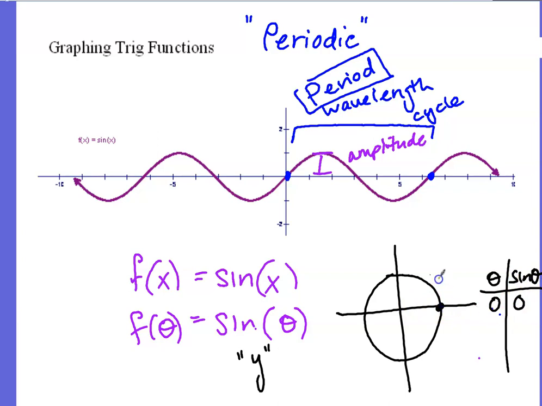If I go to pi over 2, then my y value here is 1. So check it out, 0, 0. If I go, this is about pi over 2, about 1.5, I'm at 1. If I go all the way around to pi, my y value goes back down to 0.